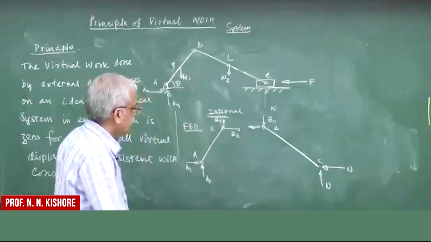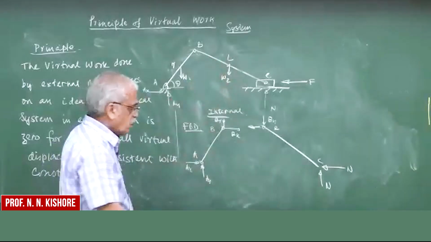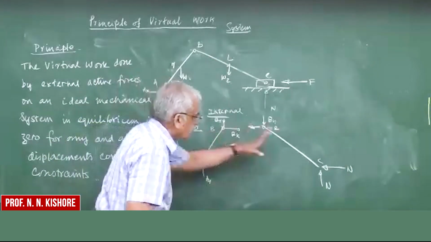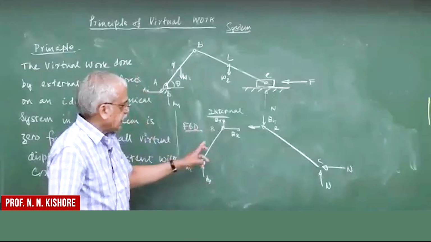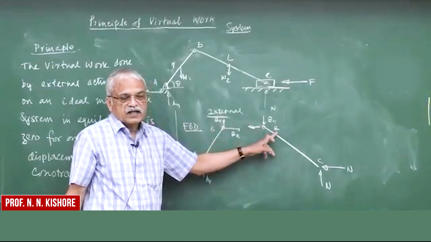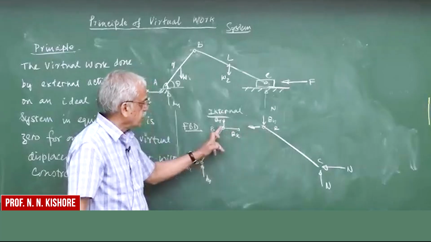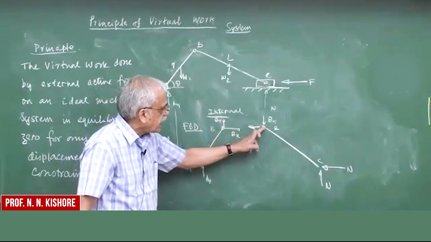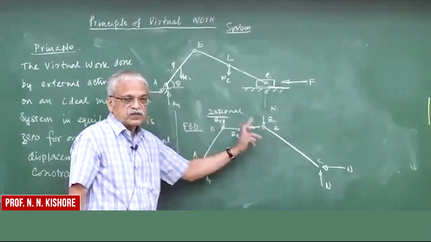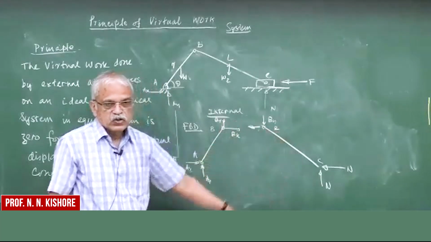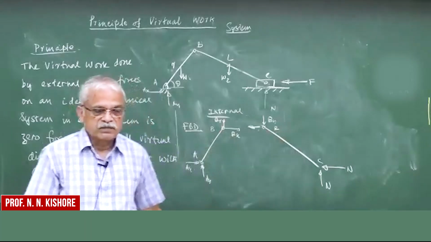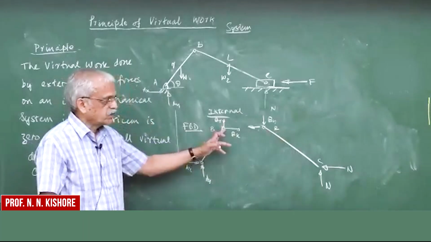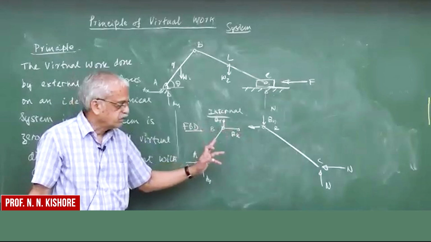If you consider the work done by both the links together, then the work done by the internal forces is zero. If the point B moves, this will do a certain work, whereas these forces will do the opposite work, and together they add up to zero. So the work done at B adds up to zero.